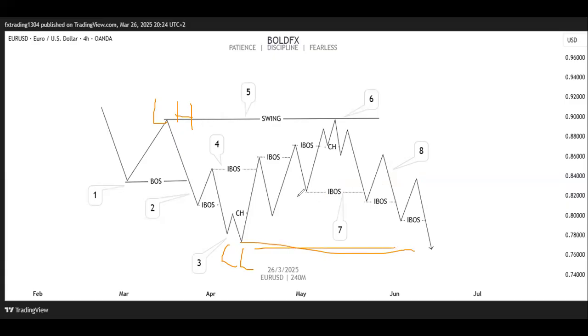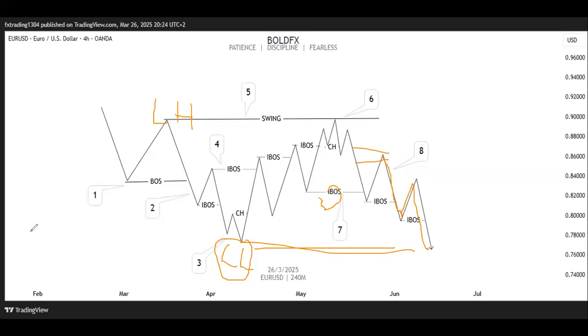So after getting your internal break of structure, you gain confidence, and your expectation now is that after this area of supply right here, you can confidently target your lower lows, because you know after a strong lower high, market tends to take out the lower low.